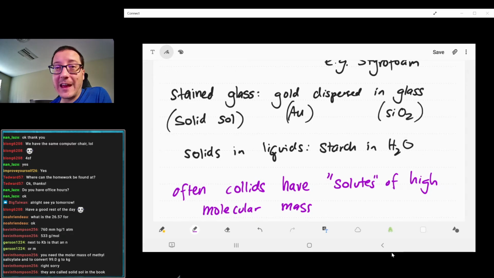This is often the case with large molecular weight things. Small molecular weight things often will make solutions, but the larger your molar mass is going to be, the more likely you are to be a colloid. So again, just terminology here, and some kind of physical stuff about them. All right, so there's your colloids.